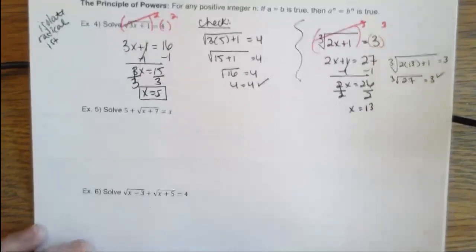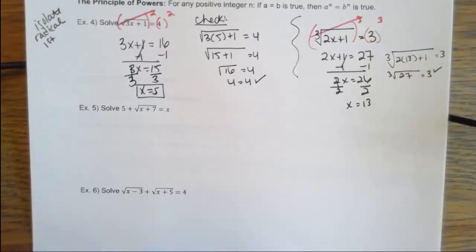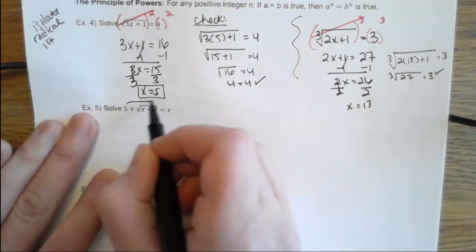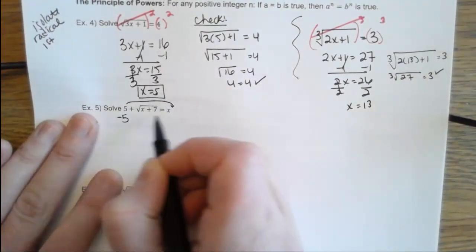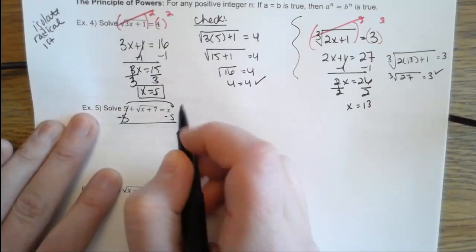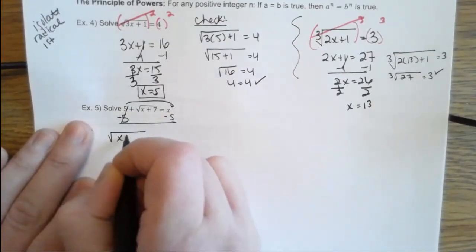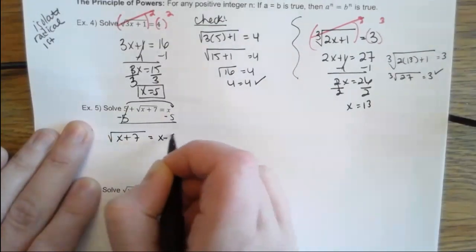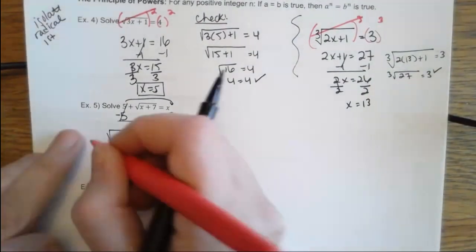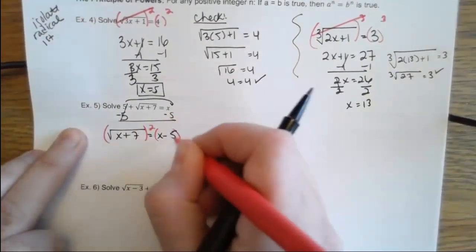Now, our second one here is a little bit more complicated. I just have a square root, but it's not isolated yet. So I do want to get the root by itself. I'm going to bring this 5 to the other side. If it's positive here, it becomes subtraction or negative over there. And now I am finally isolated. This is a square root, so I'm going to square both sides.